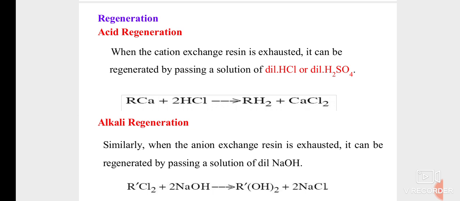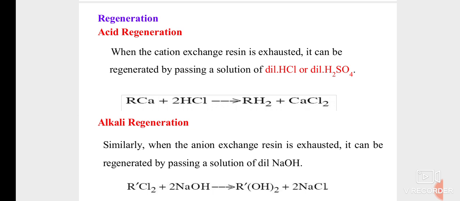So it is the reverse reaction of the cation exchanger column. The RCa reacts with 2HCl to form RH2 plus CaCl2. The reverse reaction is called the main reaction.